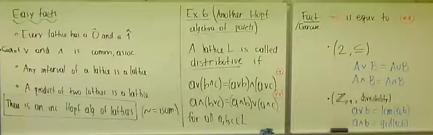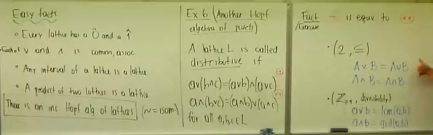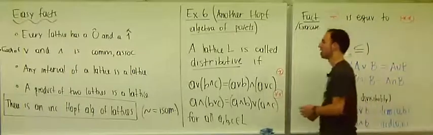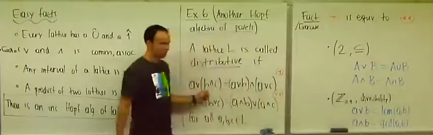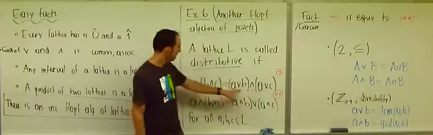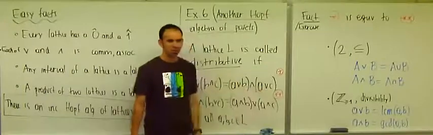Before I say more properties about this, let's test this on a few things. So for example, is this true? I mean, is this lattice that I define here distributive? If you replace meet and join by intersection and union, is it true that A union B intersection C is equal to A intersection B, A union B intersection A union C?